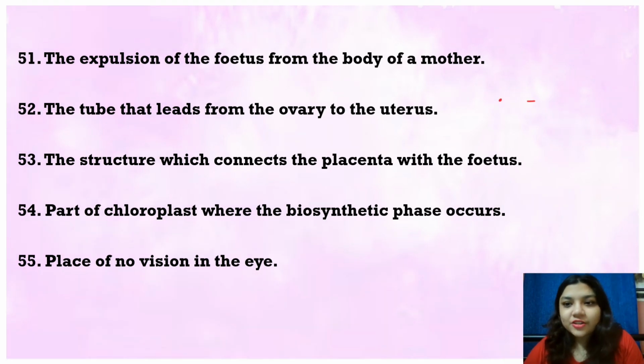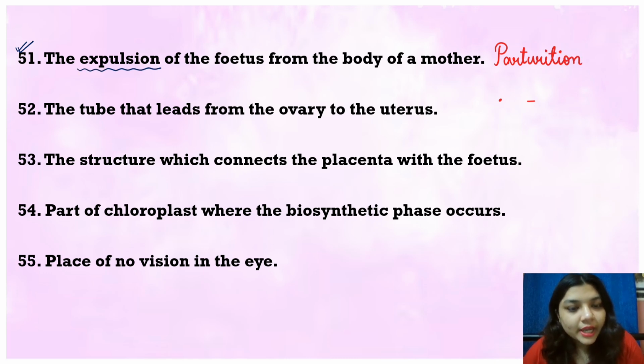Well, so let us check the answers. The expulsion of the fetus from the body of the mother. This is known as parturition. So expulsion means release, basically giving out of the developed fetus from the body of the mother. It is parturition.